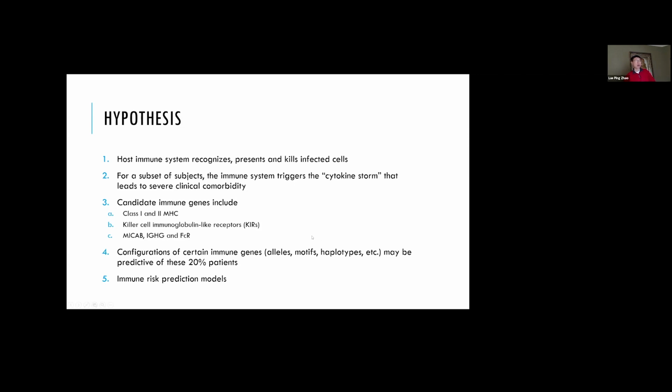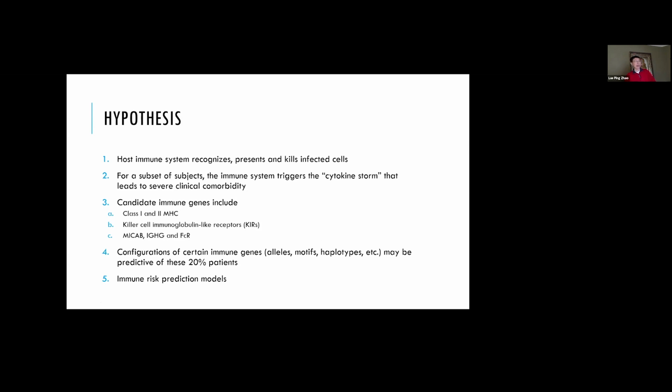Therefore, we can focus on candidate immune genes, essentially the class 1 and class 2 MHC genes, as you know: A, B, C, DR, DQ, DP. And then there are a few others, such as KIR, GH, and Fc gamma receptors. Those are the common candidate genes we're looking at.